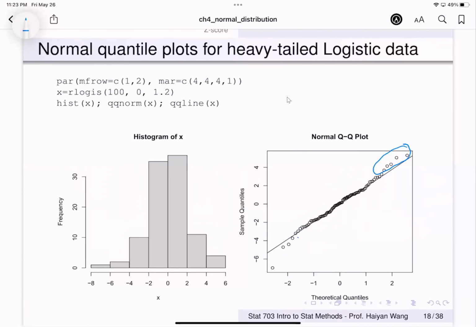And similarly, on the lower side, the sample quantiles will be lower than the line. So in these two cases, the data are heavy-tailed. For heavy-tailed, you will see these points above the line on one side and below the line on the other side.